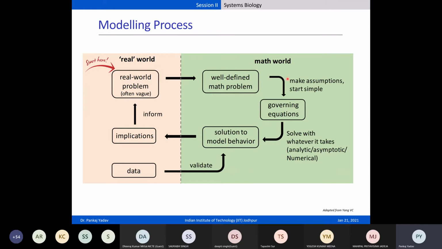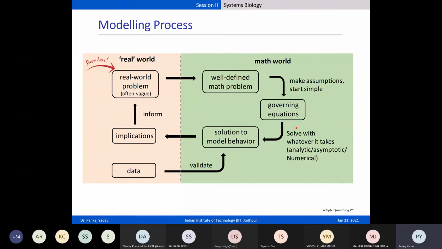And then obviously we will make some assumptions, probably starting with simpler assumptions first, and we will come up with a set of equations that will be able to describe this real world problem, or allow us to do some predictions.